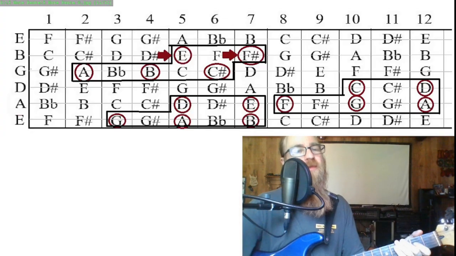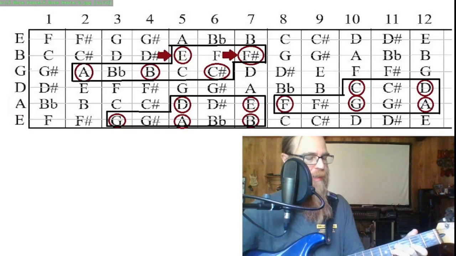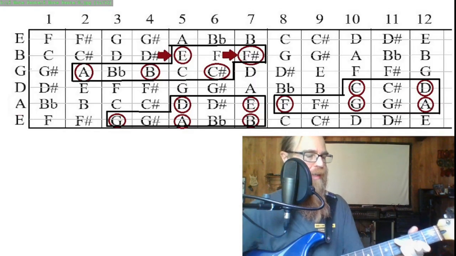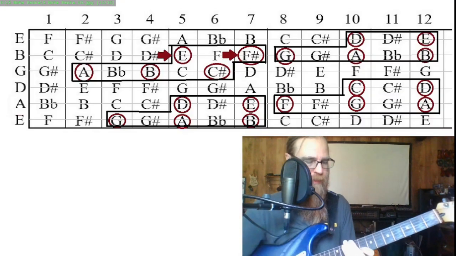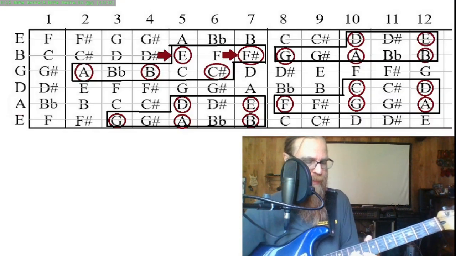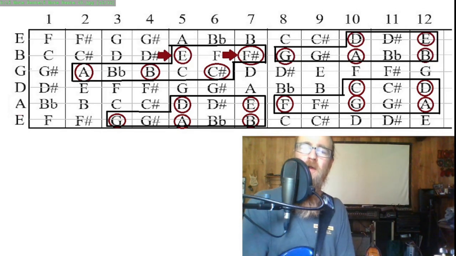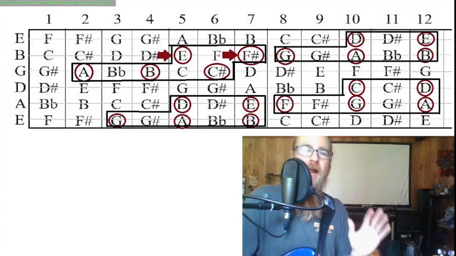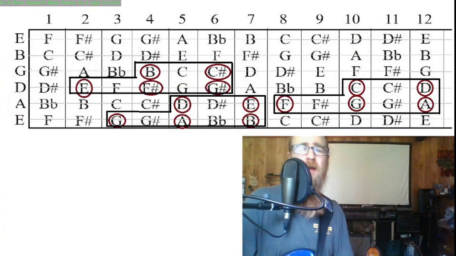Now, here it is on the 3rd string, and we'll talk about this in a minute. Here it is on the 2nd string. Now, if you notice, they're all the same except for G and B. It goes over 1 fret, and I'll explain why in a minute.